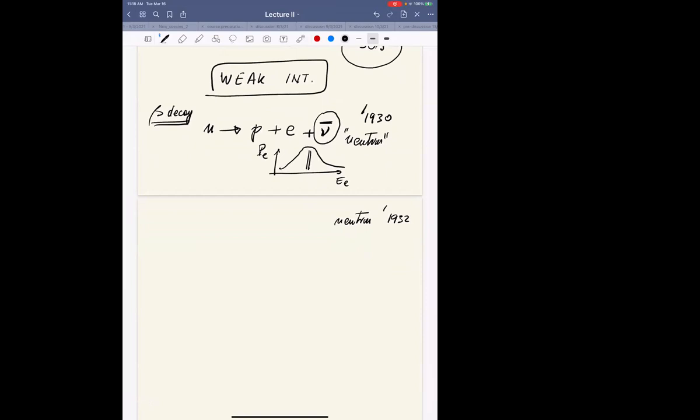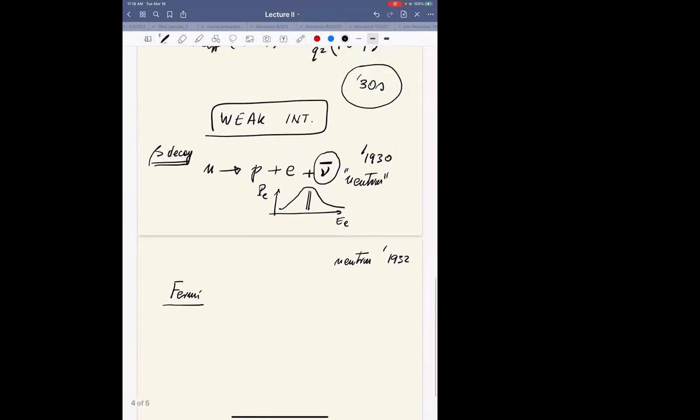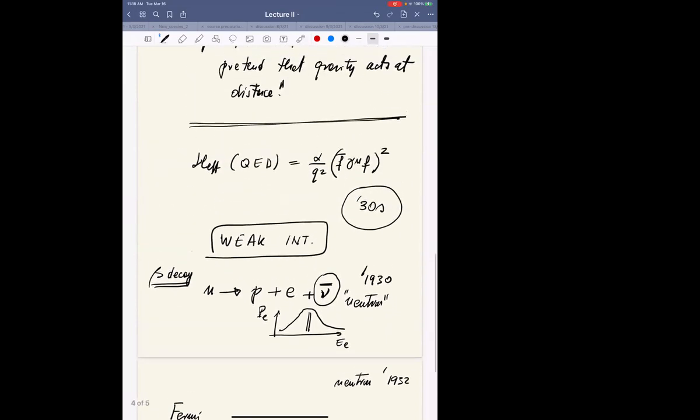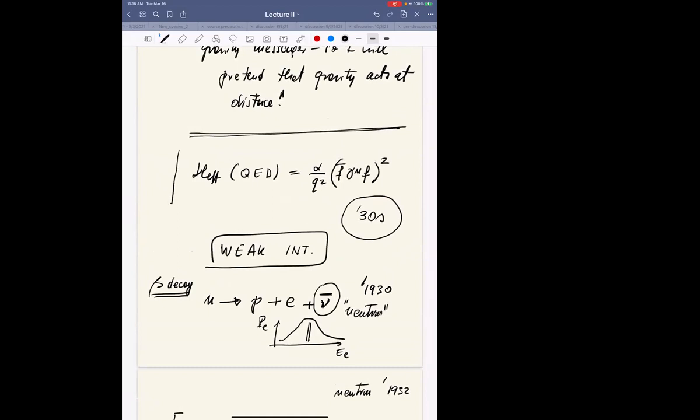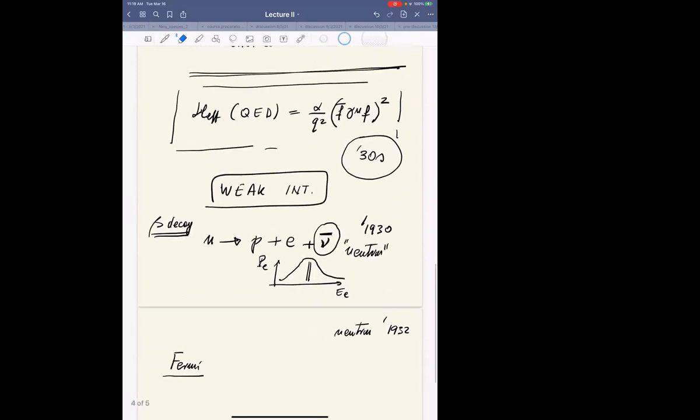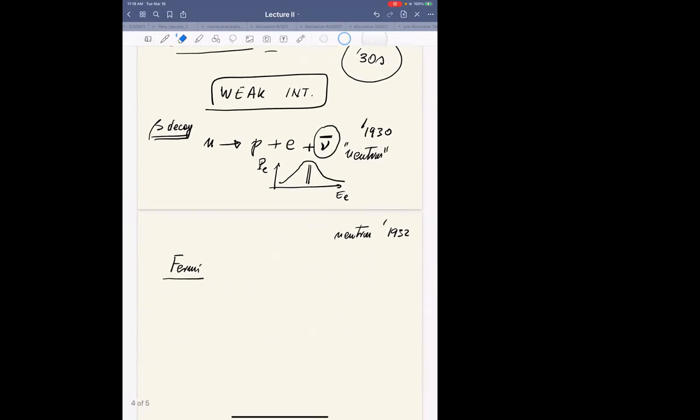So Fermi comes a few days later and writes a theory of this process. And what does Fermi say? Fermi says, look, there is this effective Hamiltonian of QED. And I know that there is a particle called the photon that I can take as an exchange, but I'm going to look at the effective theory. Fermi says again, there could be a messenger, there should be a messenger.